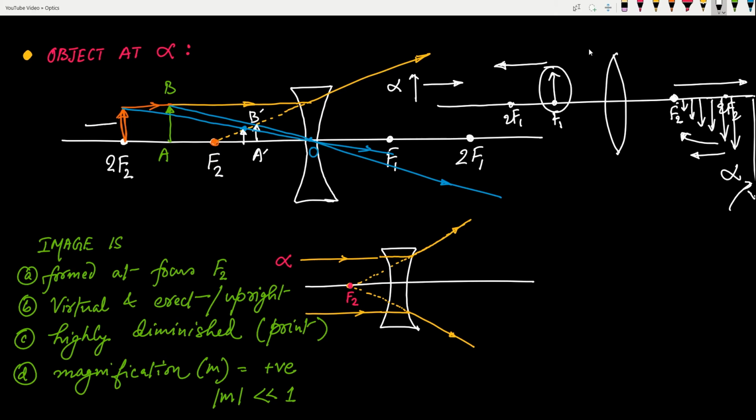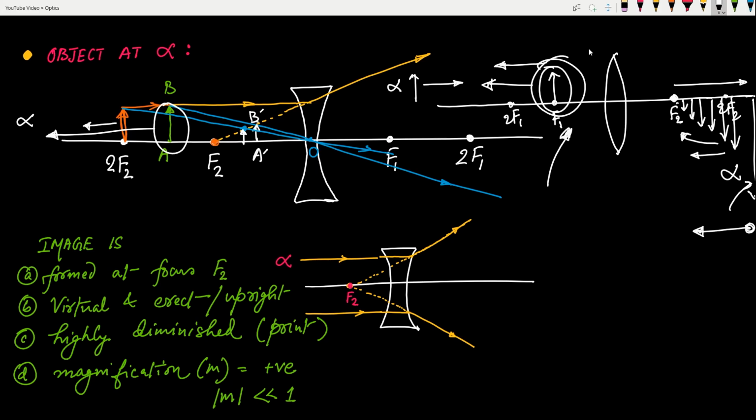That whenever I am moving this object towards infinity, then the image moves towards focus. Look into this diagram. I'm taking this object towards infinity, and this image is moving towards focus and it is becoming smaller. Similarly, when we are taking this object and moving towards infinity, see, there is a beautiful connection.